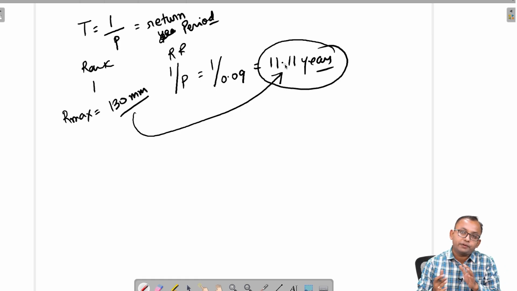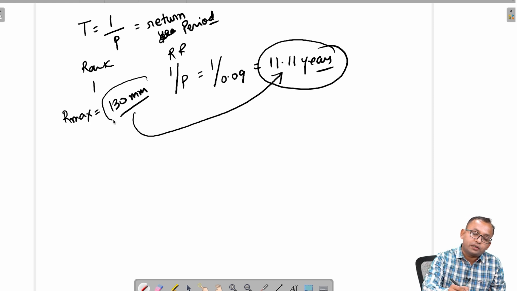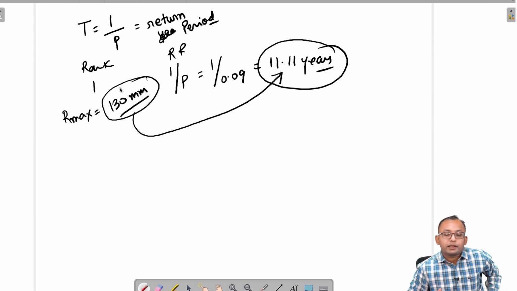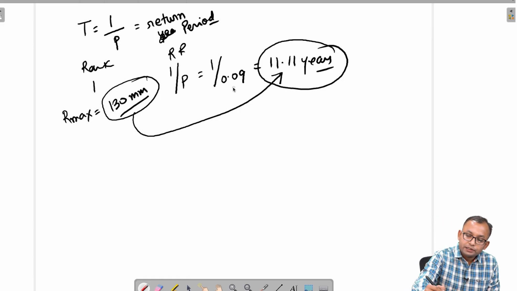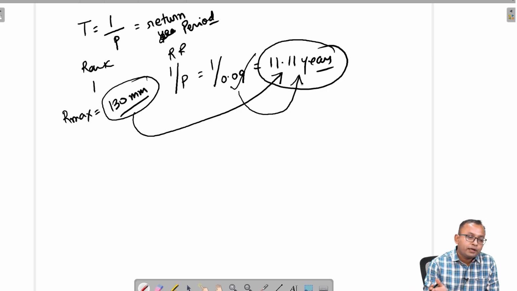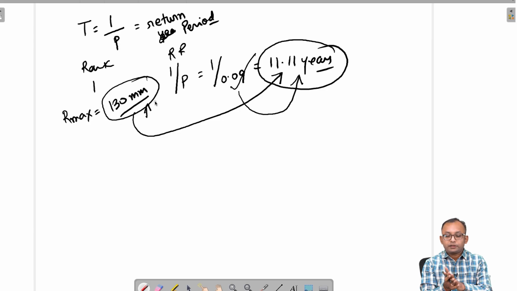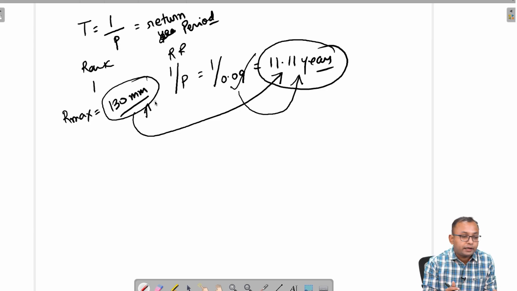Every 11 years we have the high probability of one R max event close to this particular magnitude. So, this is how we have calculated the probability 0.09, and based on the probability we have converted it into the return period, and based on that we have associated that return period with the corresponding magnitude, and then we basically correlate. Similarly, we can calculate the second rank event.